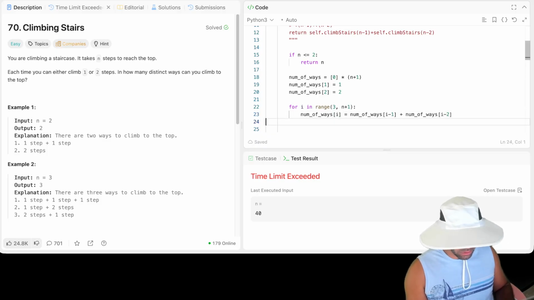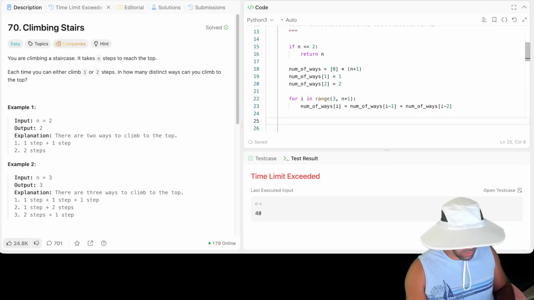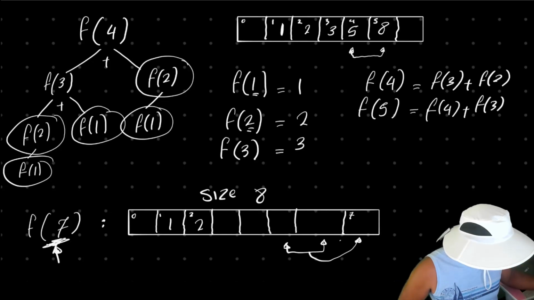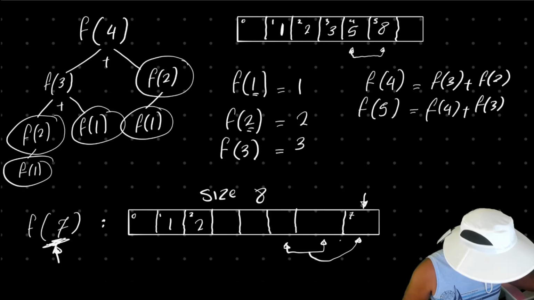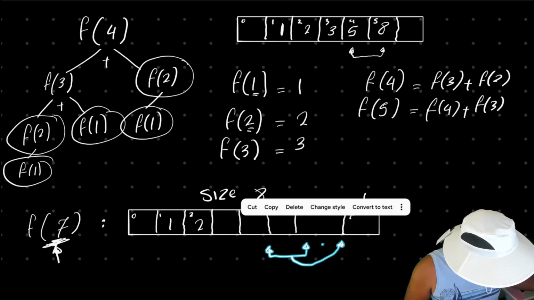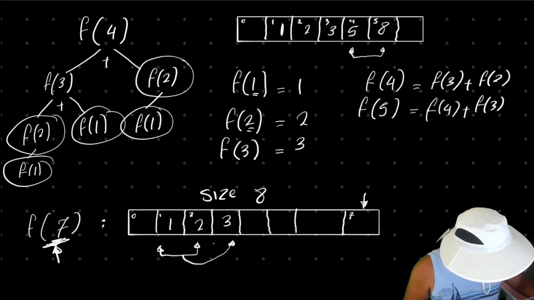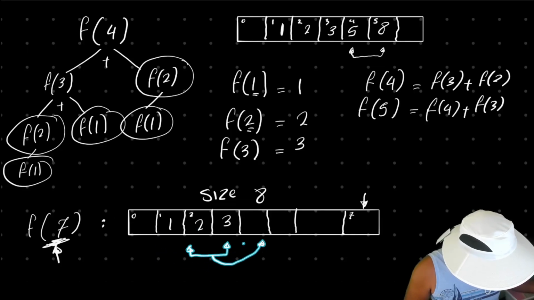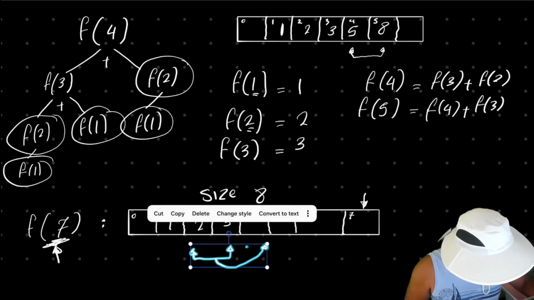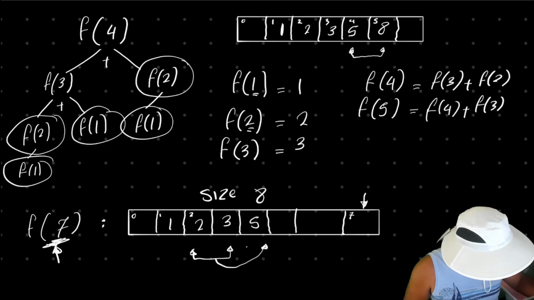Okay, so where is our answer? Well, our answer is stored at the very last index. Finally, the answer will live here. Let's walk through this quickly. 1 plus 2 will be 3, and then move to the right. 2 plus 3 will be 5, and then move to the right.